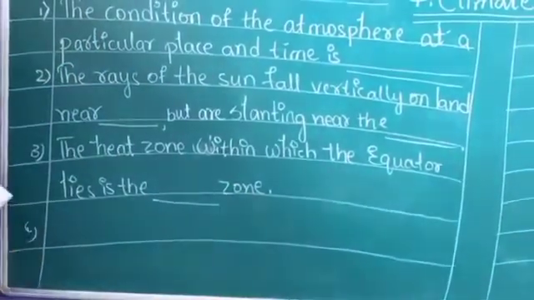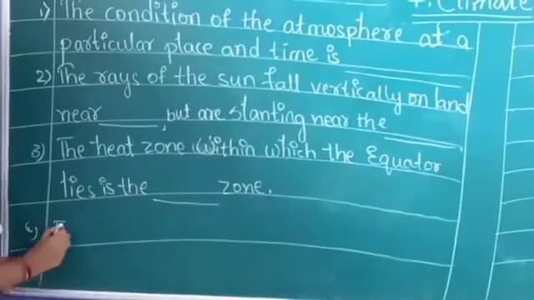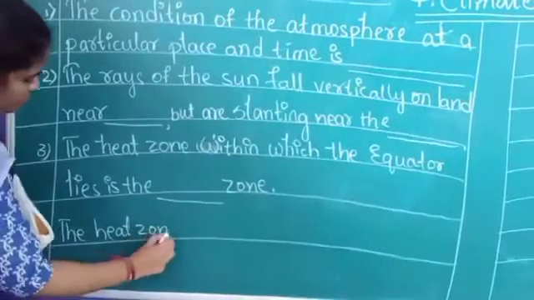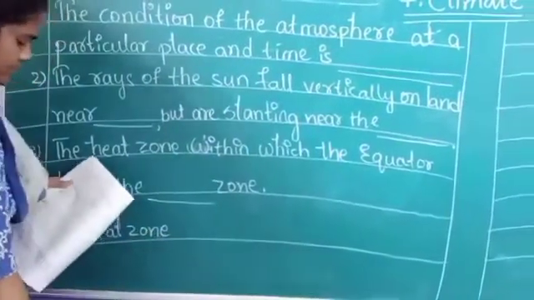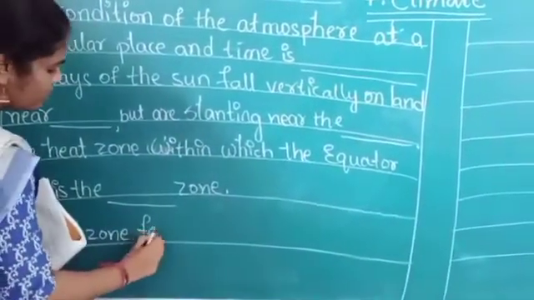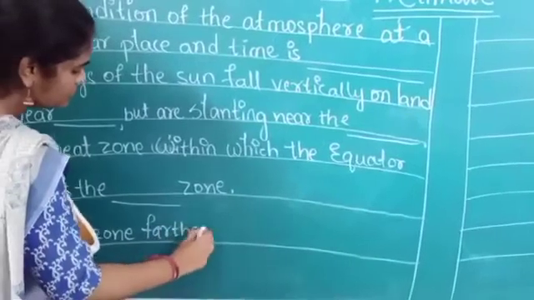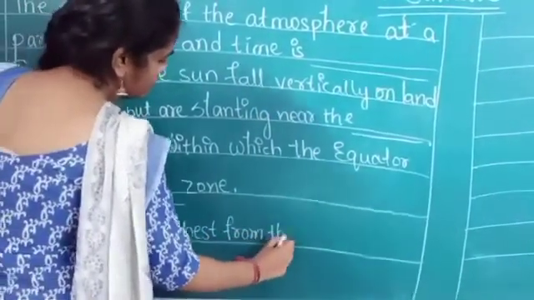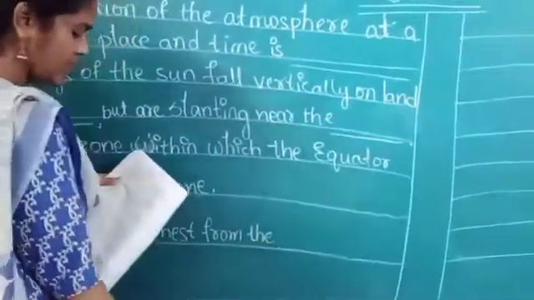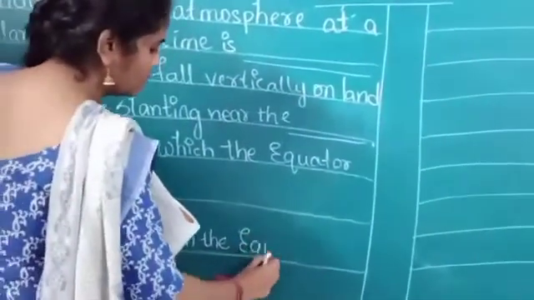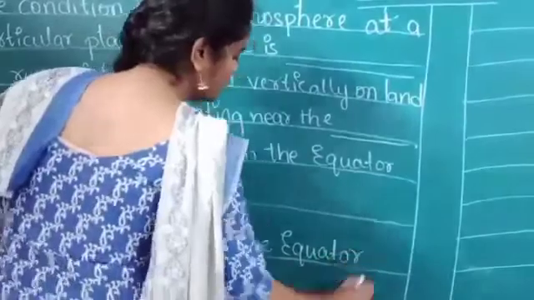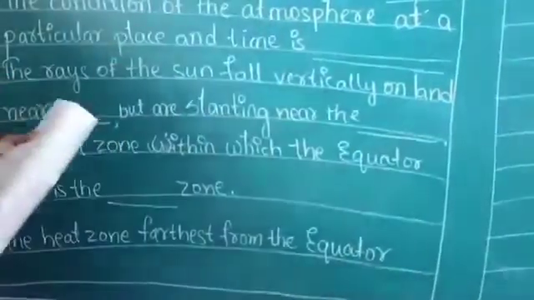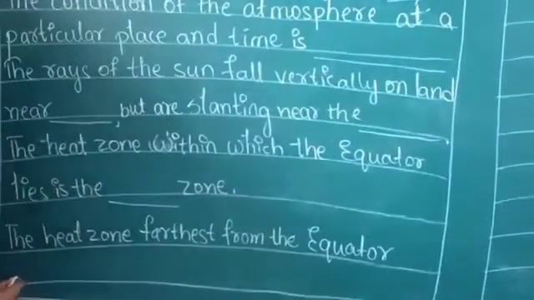See the fourth one, the heat zone farthest from the equator is the dash zone.